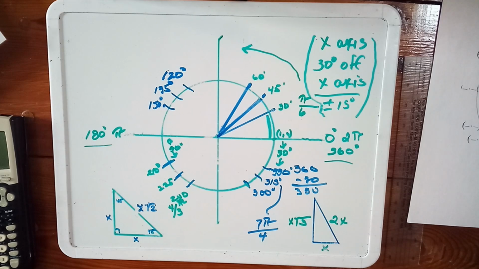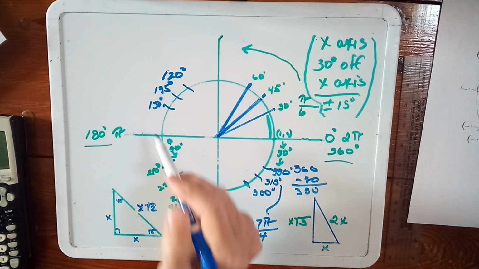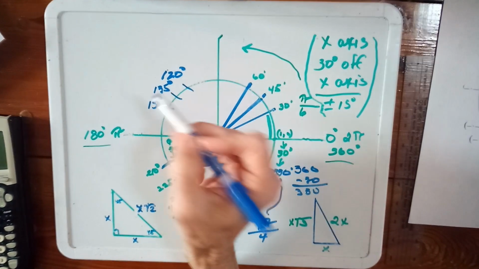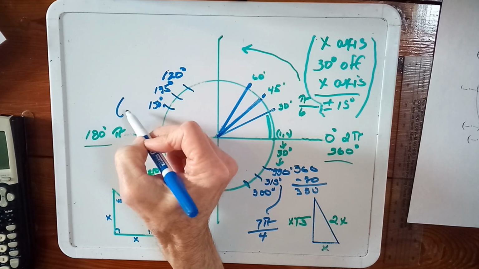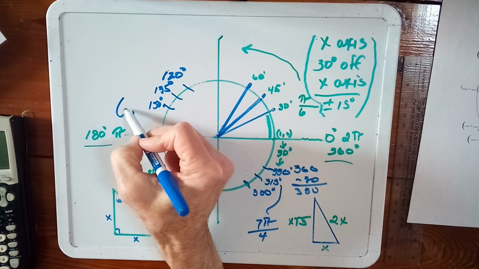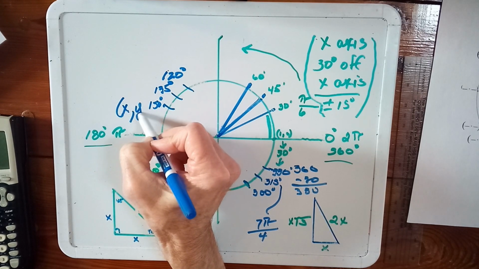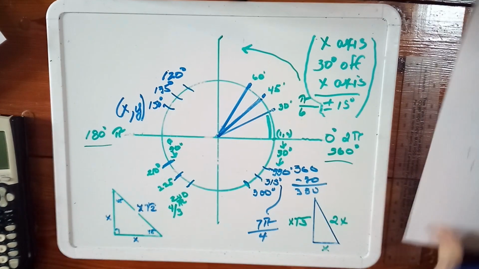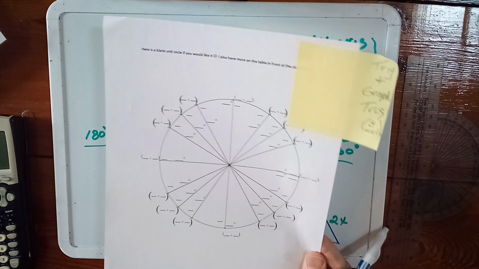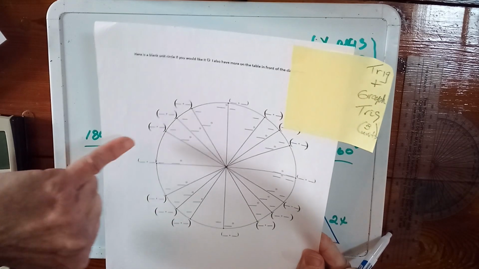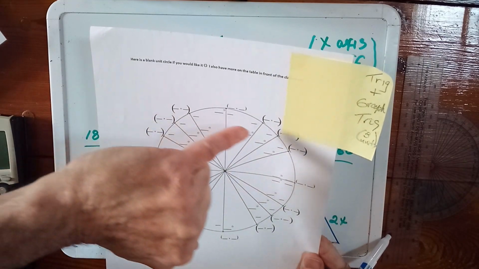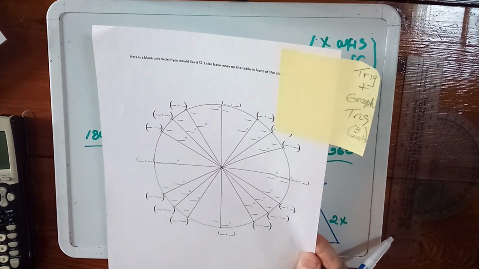My part 2 here, guys, is going to be coming up with what is the coordinate pair for all these points. As you can see on this template, the coordinate points are on the outside here. How in the world to remember all those?